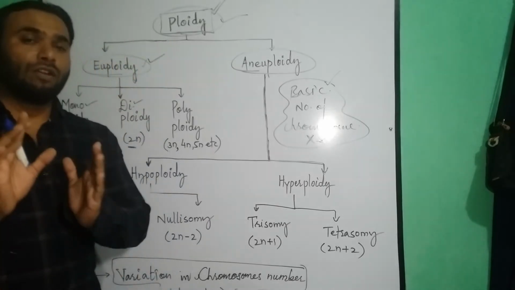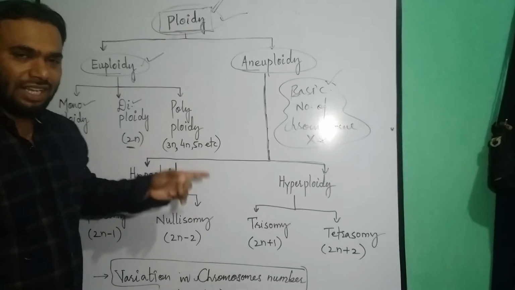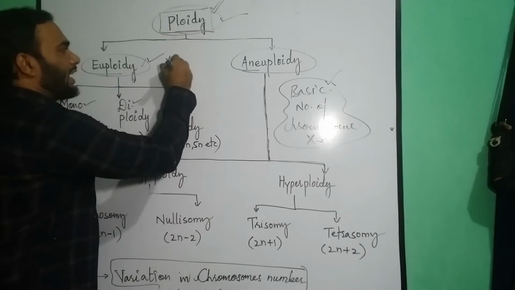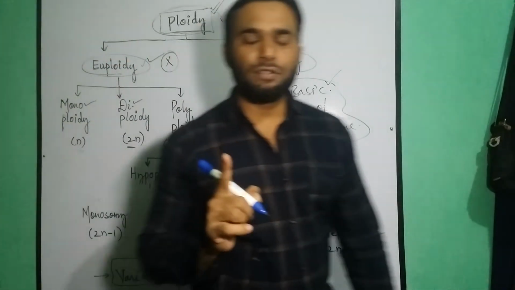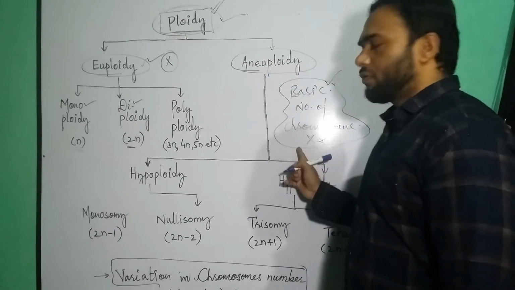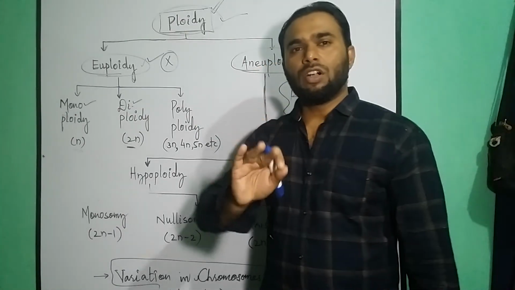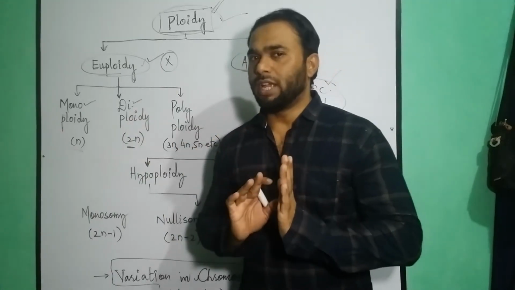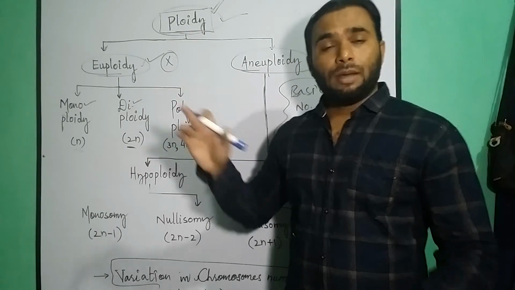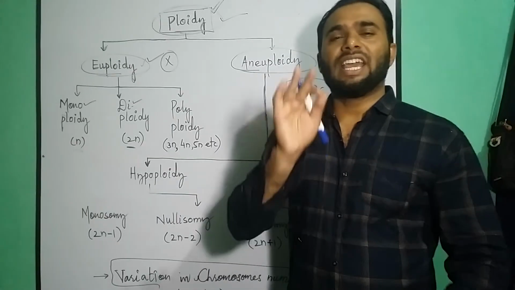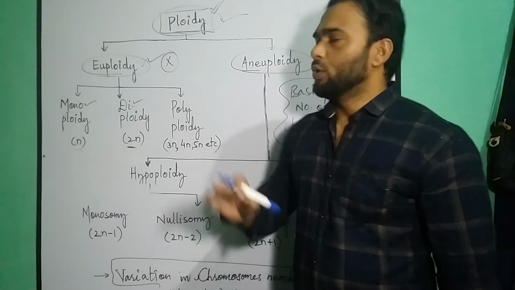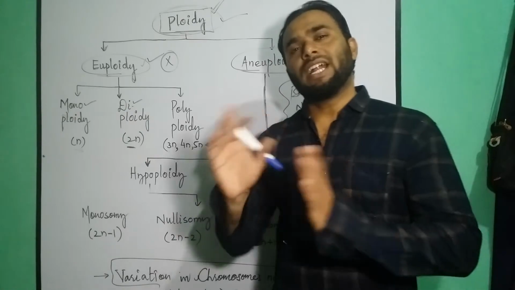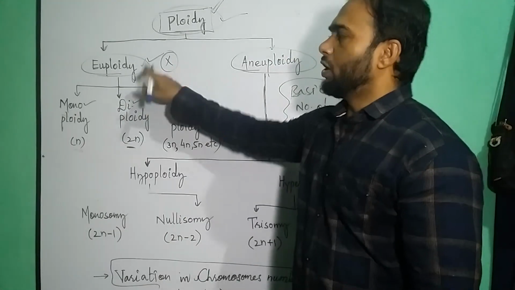When the number of chromosomes in the cell is an exact multiple of X, that cell is called a euploid cell, and that type is called euploidy.